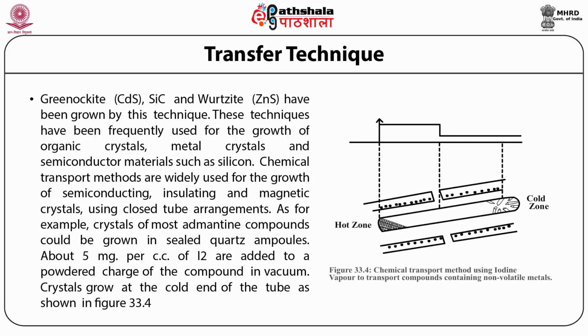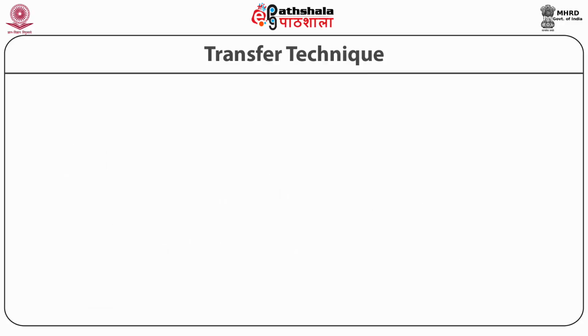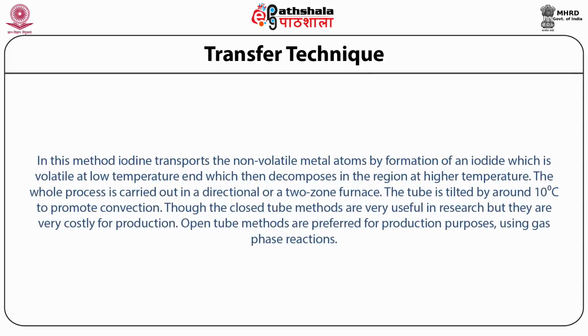Crystals grow at the cold end of the tube as is shown in figure 33.4. In this method, iodine transports the non-volatile metal atoms by formation of an iodide which is volatile at low temperature and which then decomposes in the region at high temperature. The whole process is carried out in directional or a two-zone furnace.